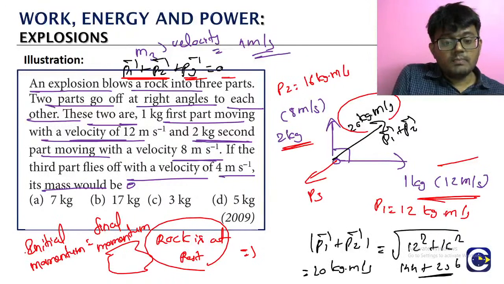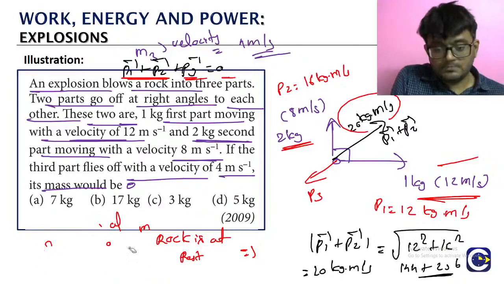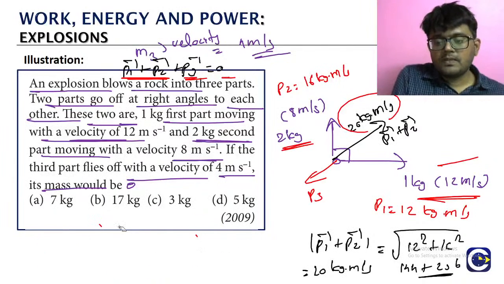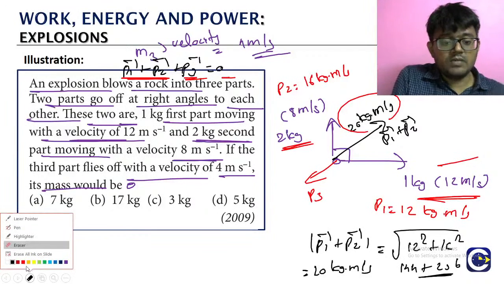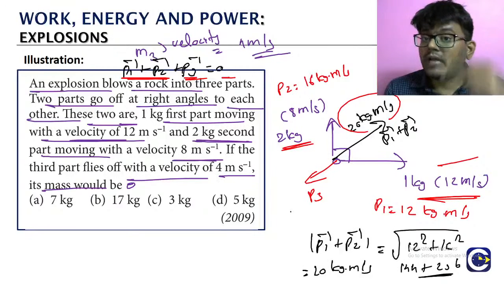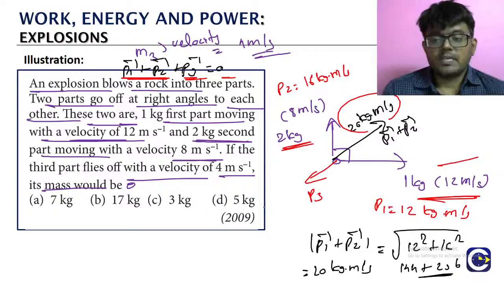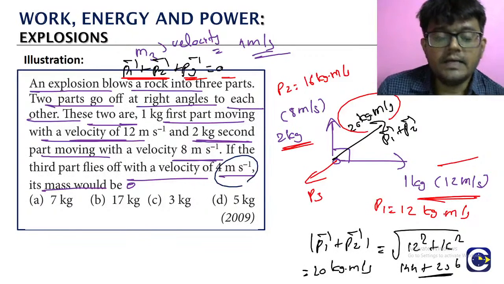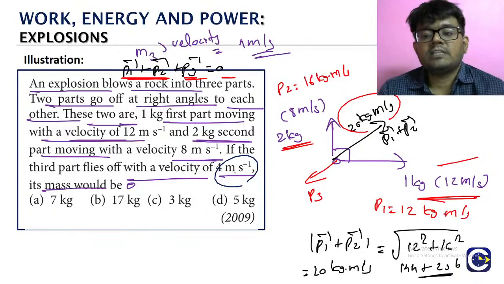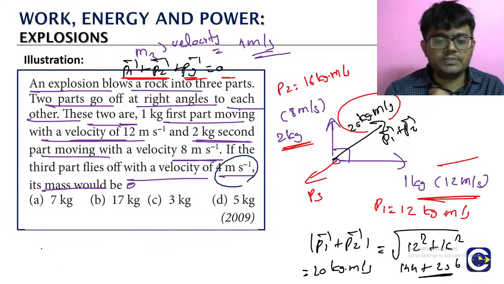Then totally they will add up to 0. The mass of the third part is what we need to calculate.